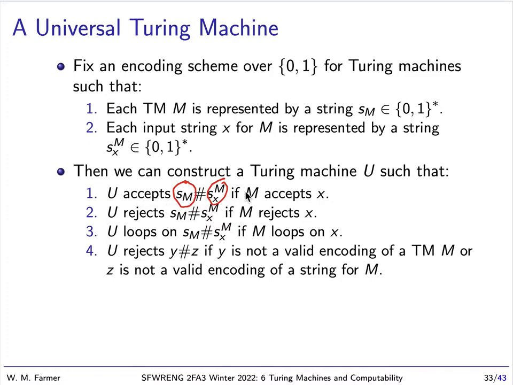It will accept this string if M accepts X, and it will reject this string if M rejects X. And it will loop on this string if M loops on X. So in other words, it's going to be simulating M on X. And then it will also reject any string where Y is not a valid encoding of a Turing machine, and if Y is a valid encoding of a Turing machine, where Z is not a valid encoding of a string for that Turing machine.